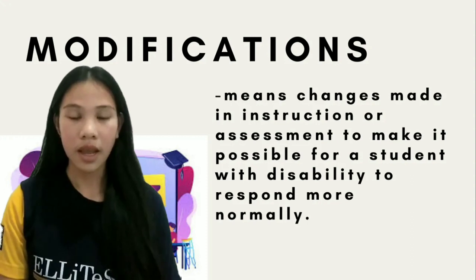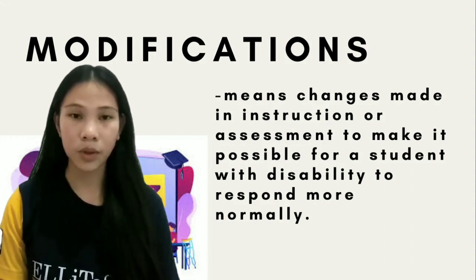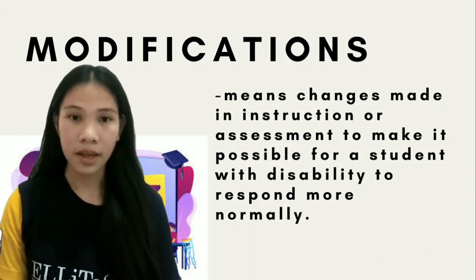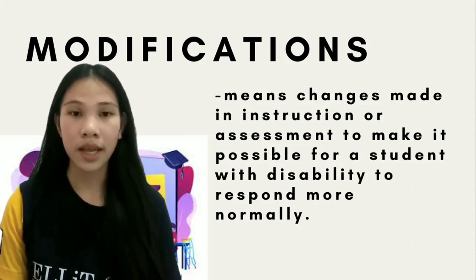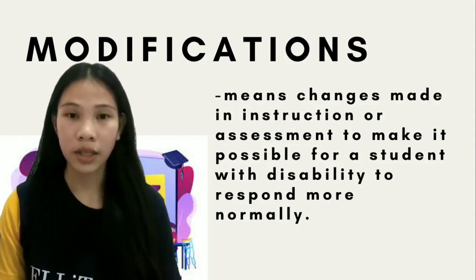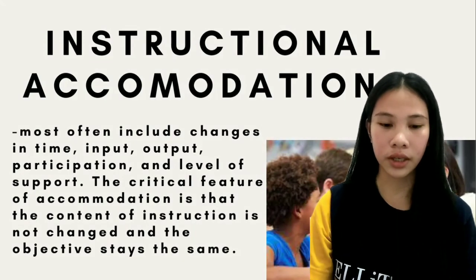Another example, if a student is struggling with spelling words, maybe she needs to have a different spelling list as opposed to the spelling list that the other students have. So we should always remember that modification is a change in what a student should learn and how they learn it.